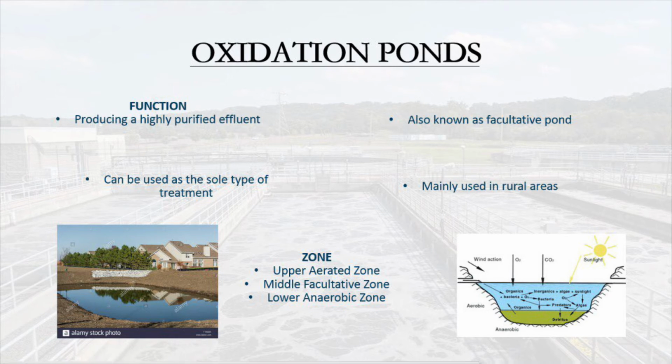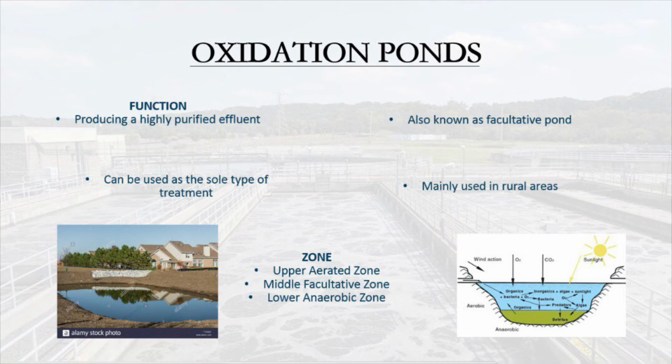Oxidation ponds have 3 zones. First is the upper aerated zone. Second is the middle facultative zone. Last is the lower anaerobic zone.